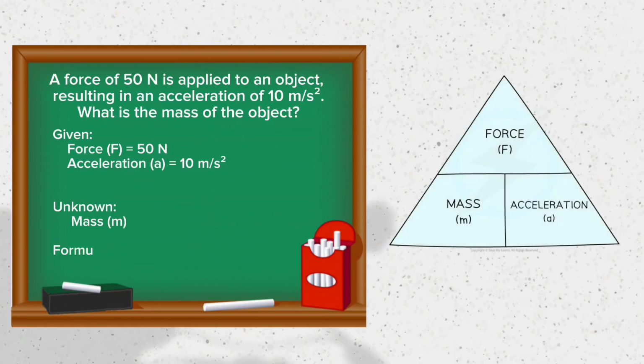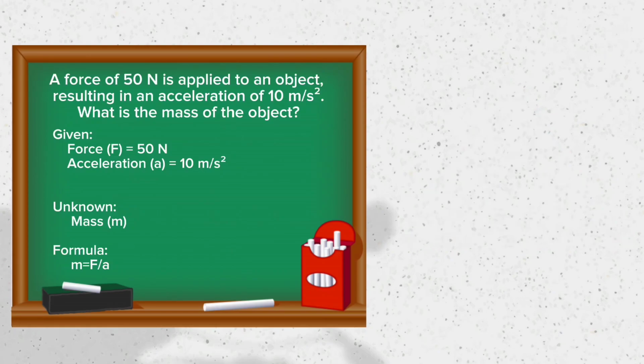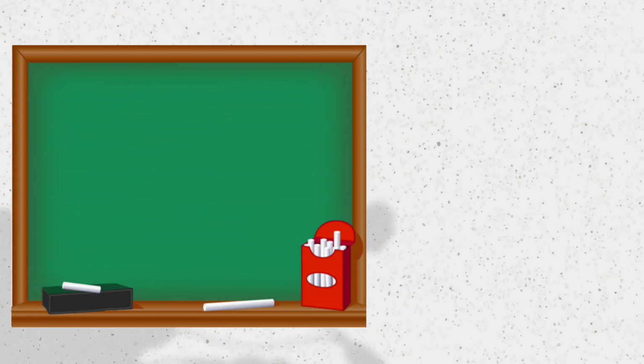So, the formula for the mass is equal to F, or the force, divided by its acceleration. So, deriving the formula, mass is equal to 50 newtons divided by 10 meters per second squared. Therefore, the answer is 5 kilograms.